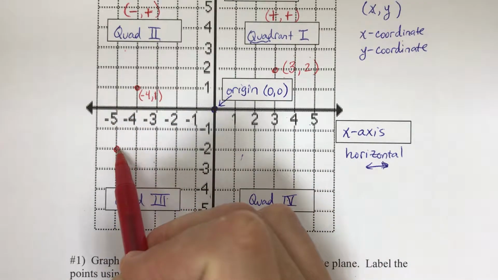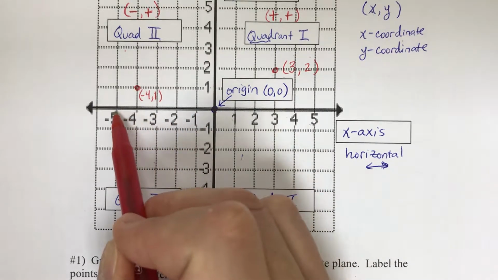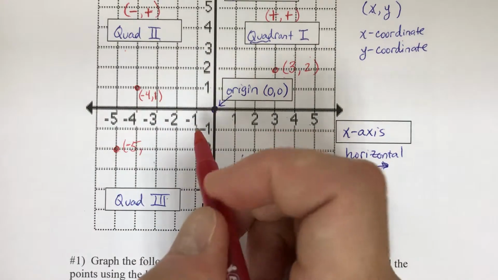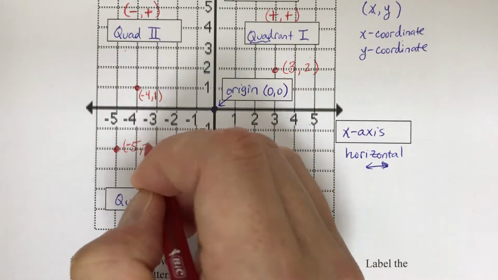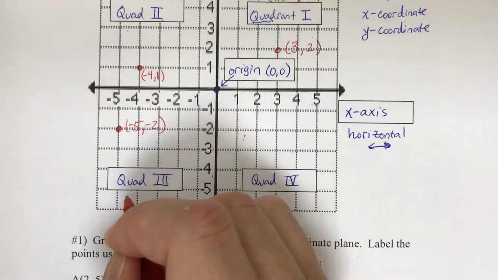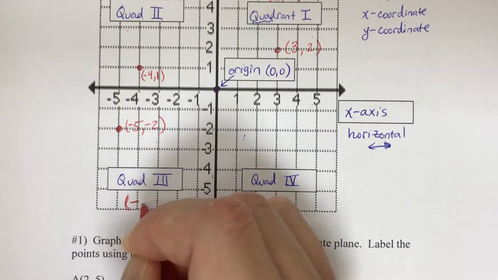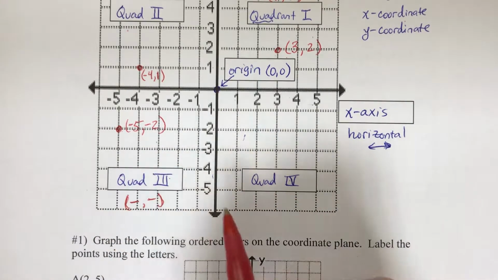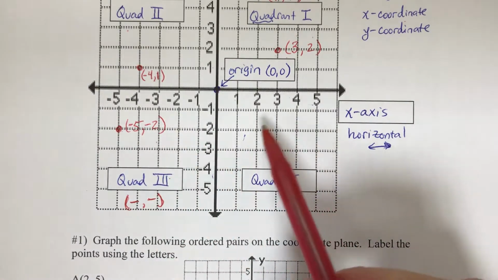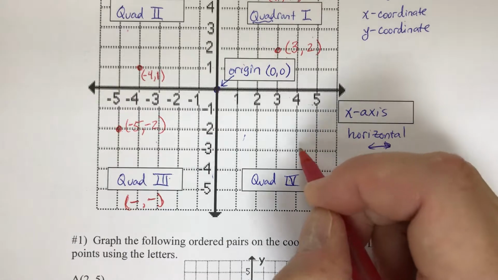Then we would go down. So left 5 is -5, so that's -5, comma. Down 2 is negative as well, so it's -5, -2. In the third quadrant, it's always negative, negative. Both of your coordinates are going to be negative values. And then in the fourth quadrant, let's say we are here.